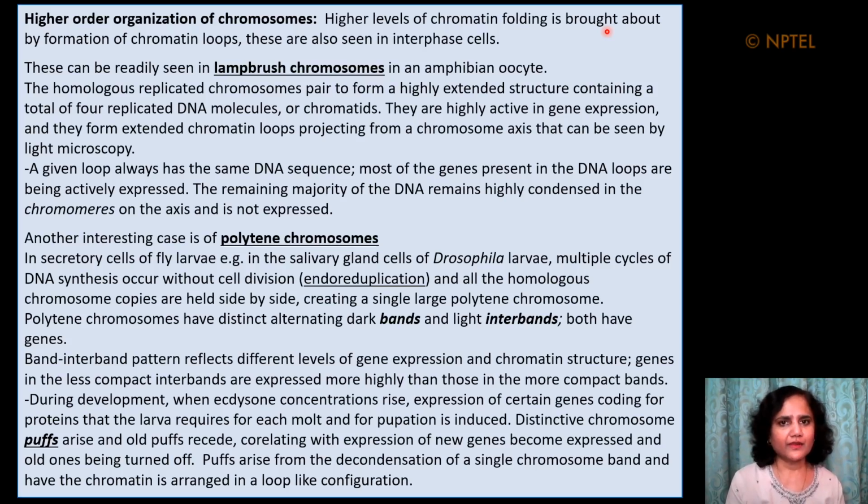The puffs can be seen by microscopy and they arise from decondensation of a chromosome band, and the puffs actually have chromatin which is arranged again in a loop-like configuration.